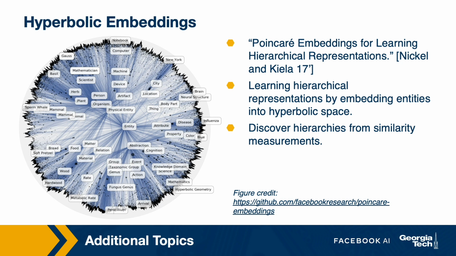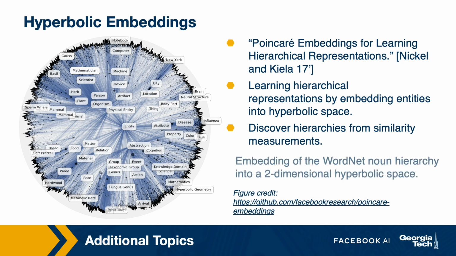For instance, if you check the graph on the left, you can see that the vector of more general category entities, such as the named entity, is very close to the center of the space, whereas a more specific term like sperm whale is far apart from the center. An additional benefit of hyperbolic embeddings is that they usually require far fewer dimensions to represent those entities.